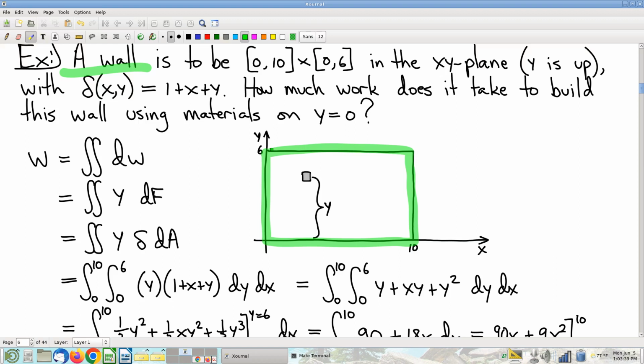I was looking at all the stones sitting on the ground, and I thought, somebody's going to have to pick up each one of those stones and lift it up to the height. My gosh, that looks heavy. How much work is it going to take them to lift all those stones on the ground up to where they're going to be on the wall? This is an example of how to compute that.